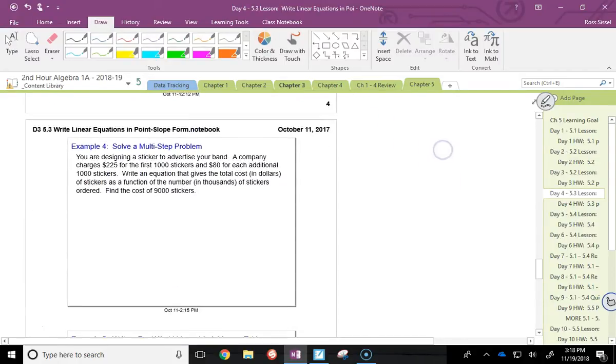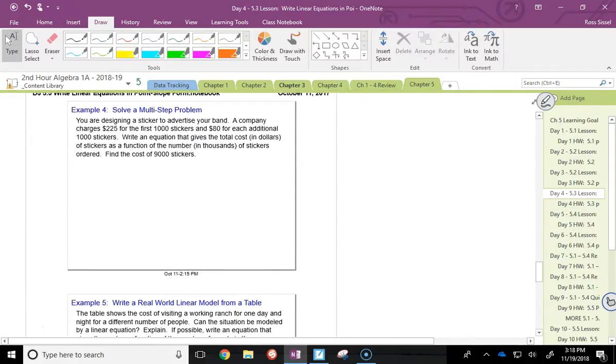Okay, example number 4 is a story problem, and it's a little bit tricky. It says, you are designing a sticker to advertise your band. A company charges $225 for the first 1,000 stickers. Right there, what they just did was give us a coordinate.